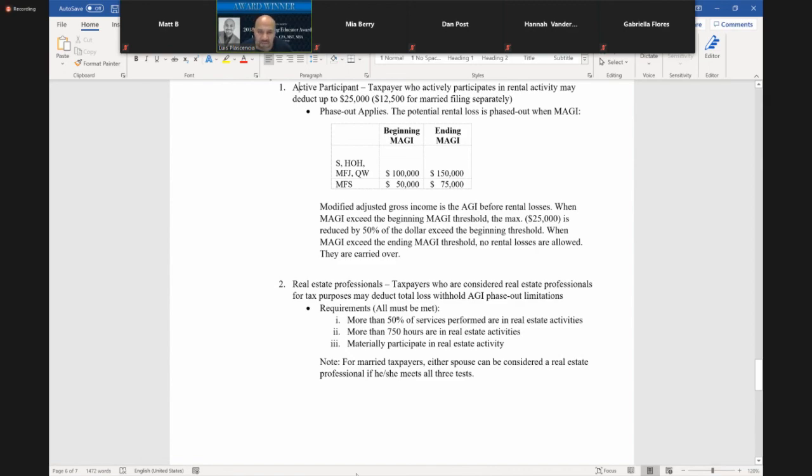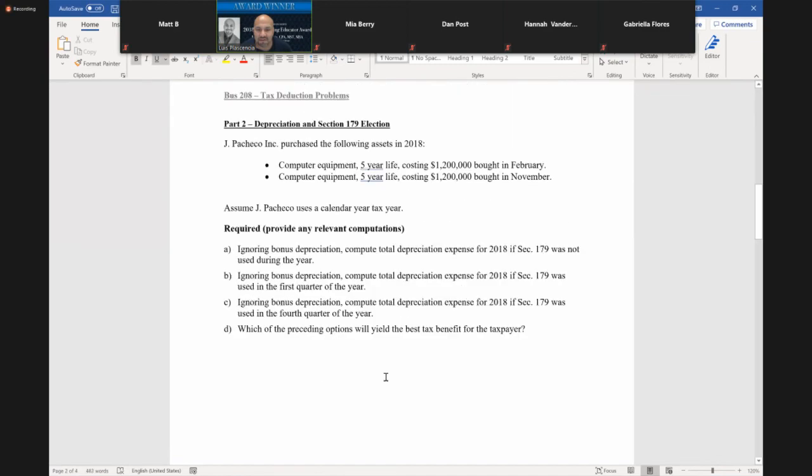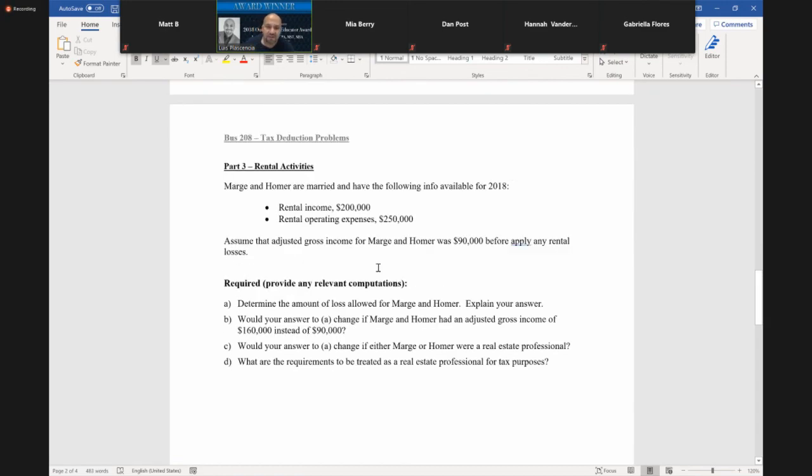Well, let's see if we can apply this particular rule in a problem. Let me see if I have a problem in this particular tax deduction problem. Okay, here it is. One thing I didn't mention in here: the Simpsons actively participate in rental. I'll just say actively.